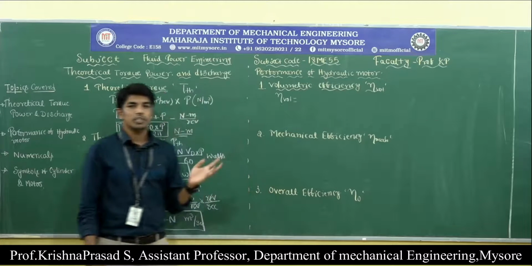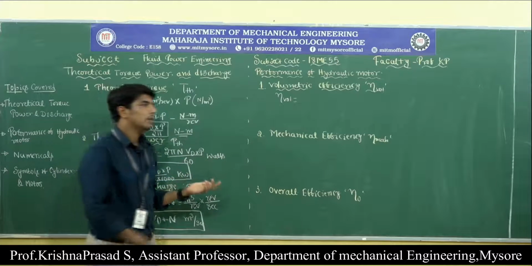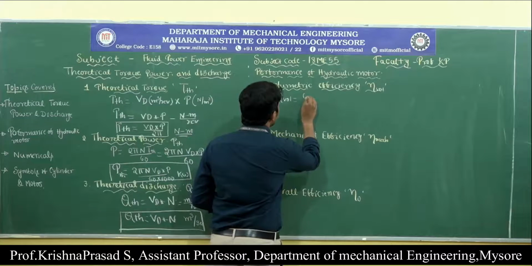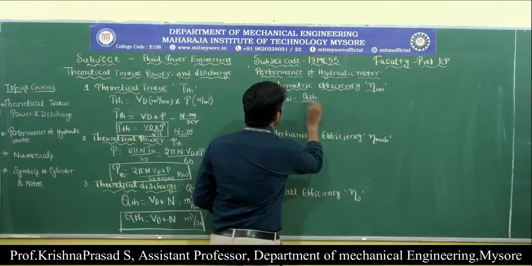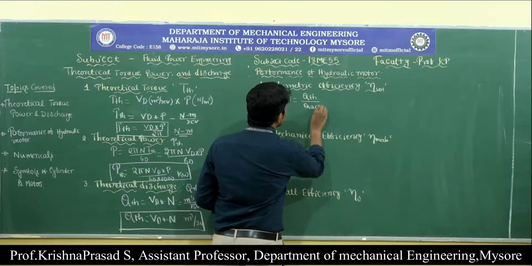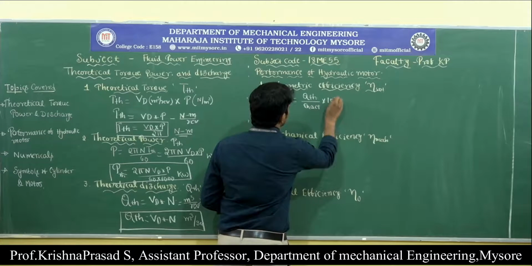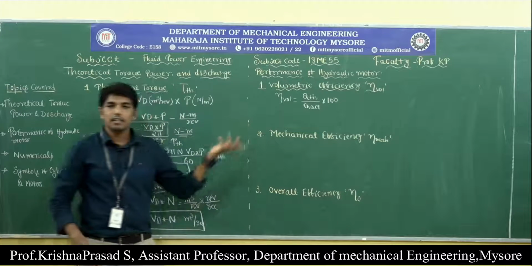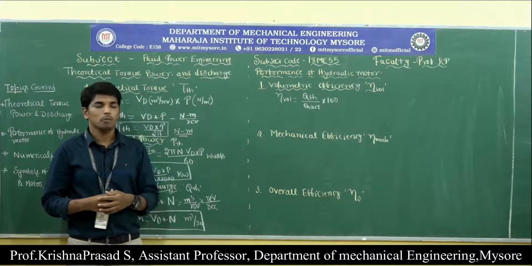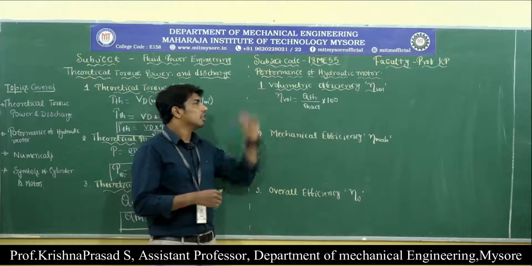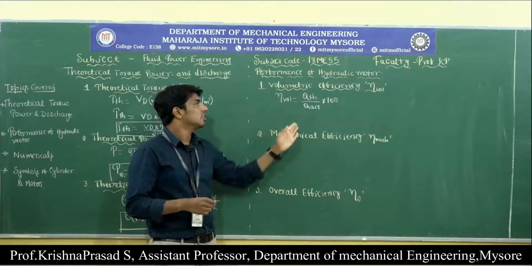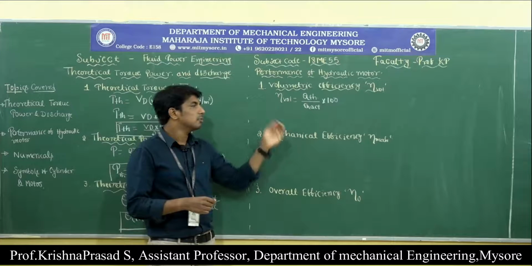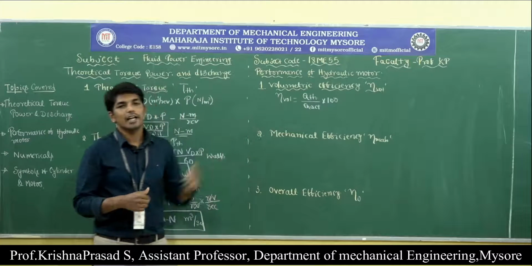The volumetric efficiency of the hydraulic motor mainly depends upon the ratio of theoretical discharge by actual discharge into 100. So it is exactly the reverse of the hydraulic pump. Why? In case of the hydraulic motor, first we need to consider the theoretical displacement and later the actual displacement.